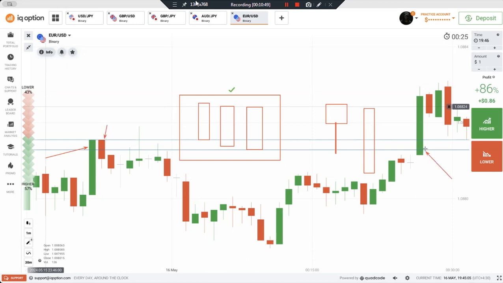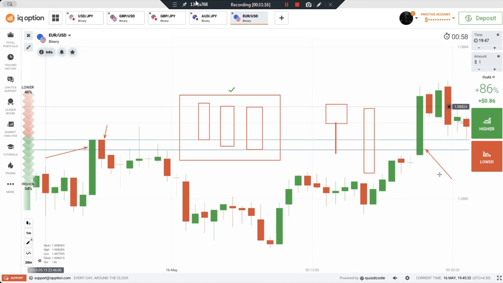Also here, see, the market hit the area, you may place your trade lower option if you're trading with the rejection. But see, the market totally crossed the line. So if you follow the rejection rule, you will lose. But if you wait till the market closes at the level, you can see this candle just crossed the level. There is no chance for you to open any trade here, right?